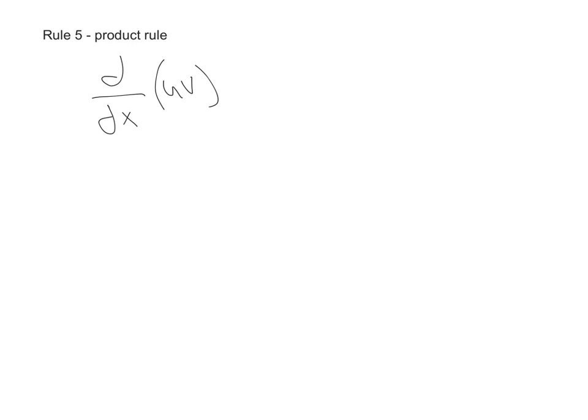In order to do that, I have to take the first function, the first factor of this product, and multiply it times the derivative of the second factor. And then add to that the second factor, v, times the derivative of the first.